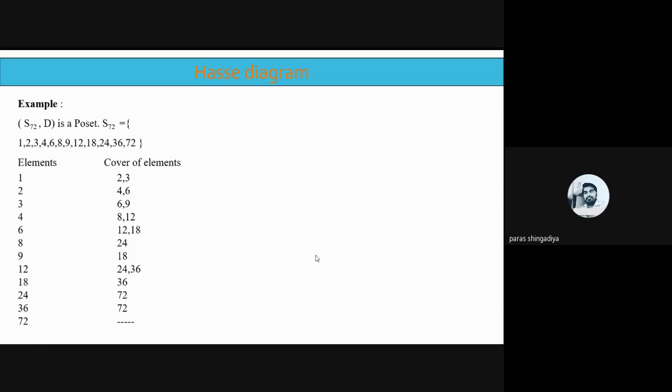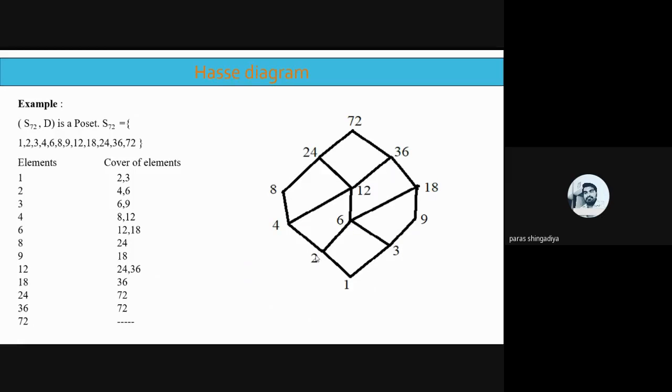This is the set we have, and based on that, we'll identify the Hasse diagram in such a form. Clear? So this is just a relation only. It is a relation between the poset elements, and it is one type of graph also. The elements are known as the vertices, and connections between these vertices are known as the edges. So it is also called the graph theory portion.